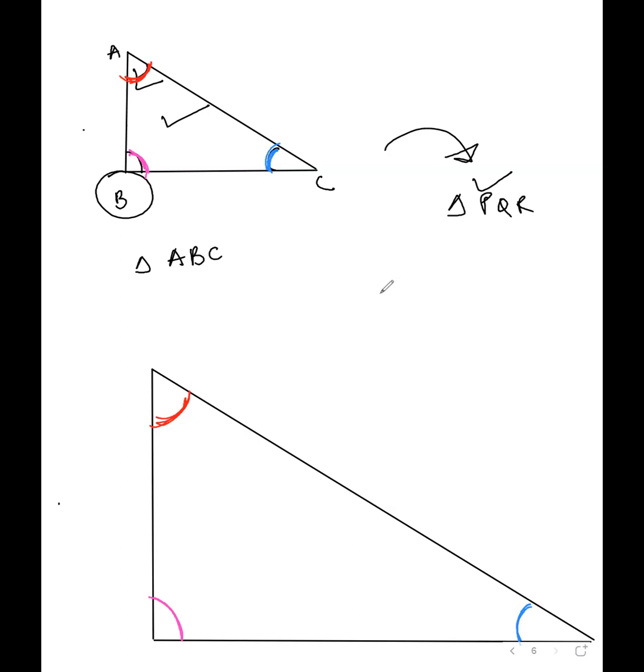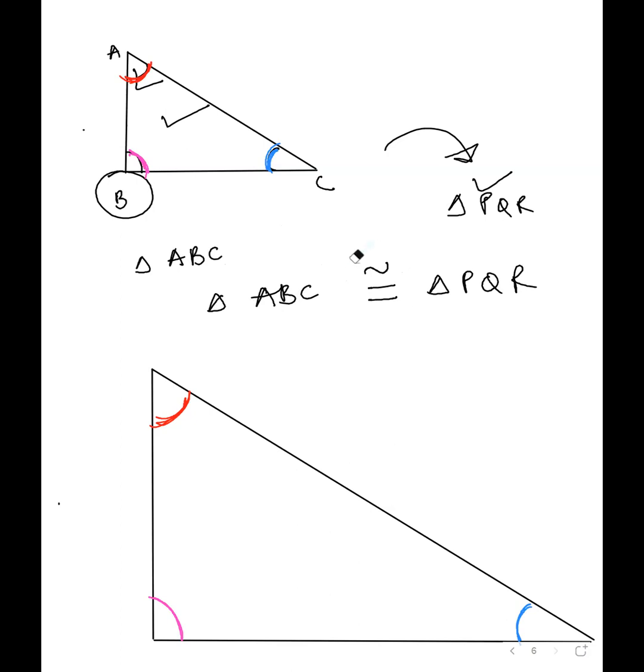And by the way, the symbol for congruence is an equal to sign with this. If I say triangle ABC, then this symbol, triangle PQR, I will read this as triangle ABC is congruent to triangle PQR.